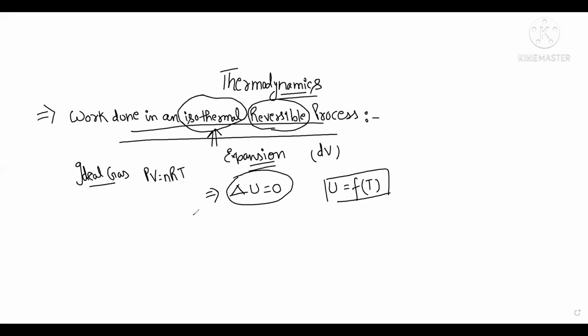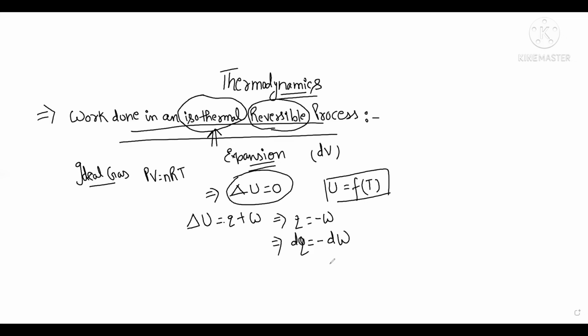Secondly, according to the first law of thermodynamics, delta U equals Q plus W. Since delta U is equal to 0, Q becomes equal to minus W. For a small amount of heat absorbed or evolved, let this be dQ, and the small amount of work done be dW.